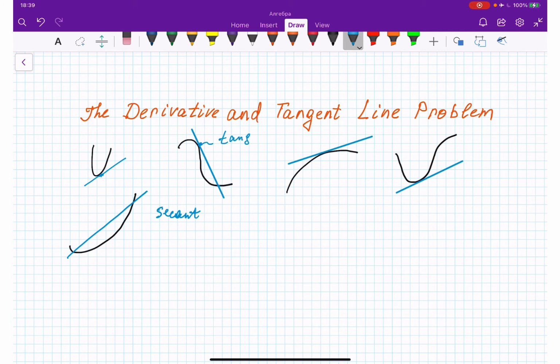So let's assume we have a point here. This is the starting point, and that is the point c, f of c. It's moving to this ending point, which is going to be c plus delta x, f of c plus delta x.